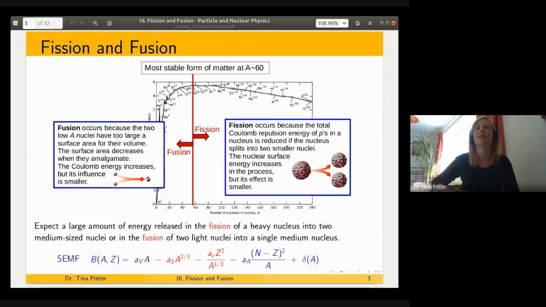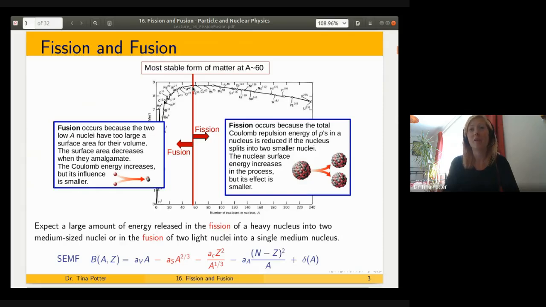What are they? Let's go back to our plots of the binding energy per nucleon against the number of nucleons in a nucleus. You remember there was this broad maximum at roughly 60 nucleons, around iron. It's a very stable nucleus.